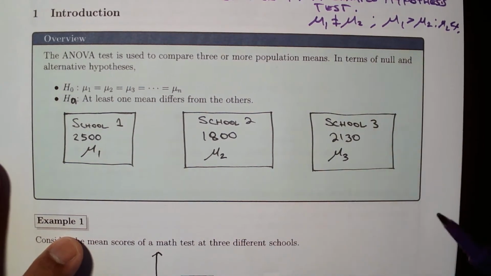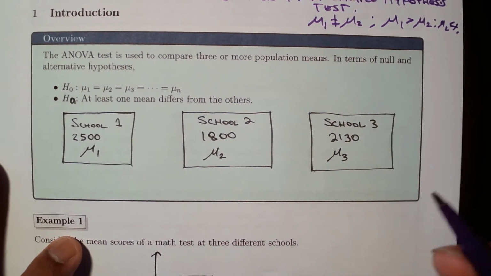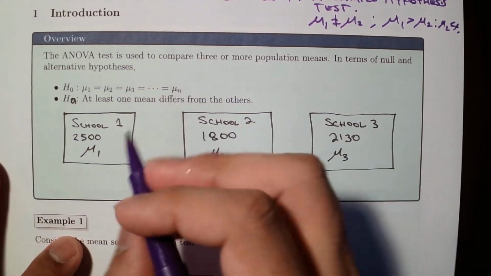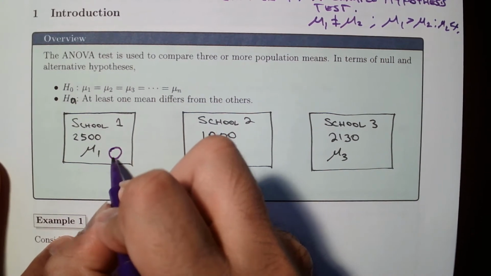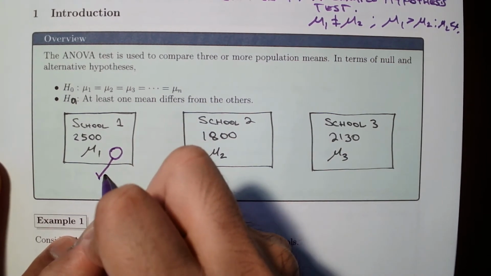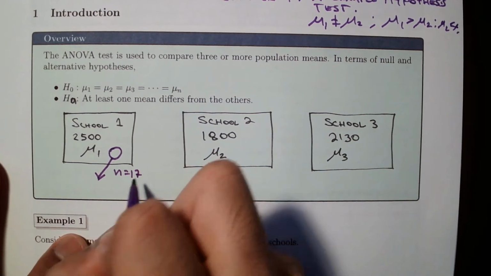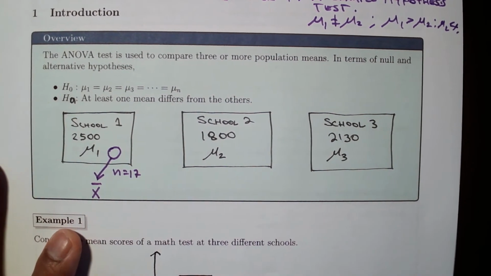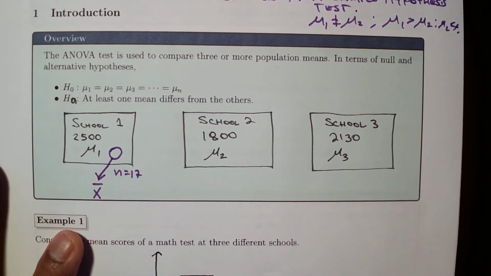So in this case we're going to take a sample size of n equals 17 with a mean, whatever that mean is, it doesn't matter.